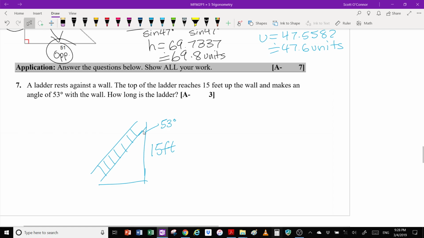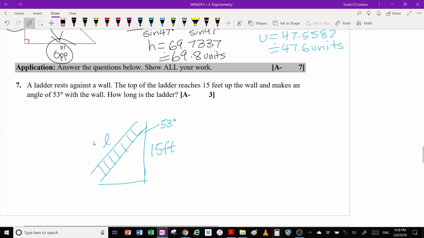That means the angle is there. It's not a 53 degree angle with the floor. It's not down here. It's up here, an angle with the wall. Okay? So it wants to know the length of the ladder.